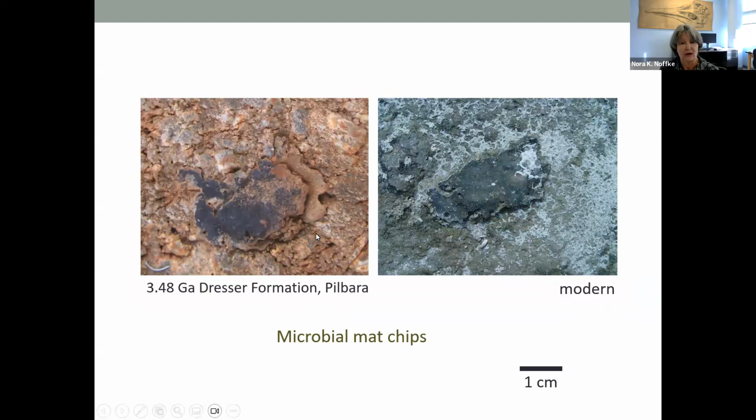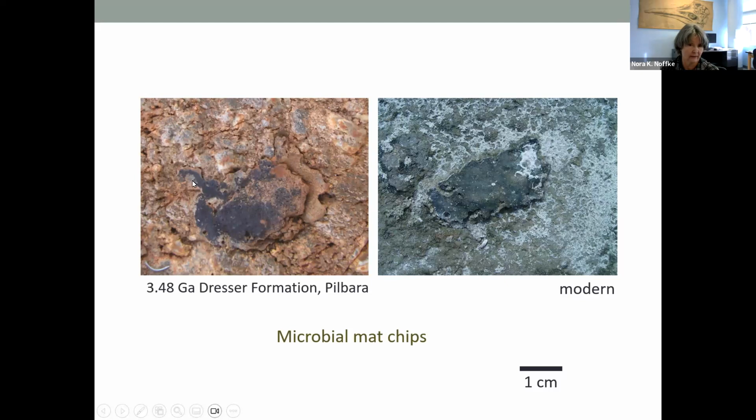Microbial mat chips are fragments of microbial mat. This is a modern example here. Very typical are those embayments and lobes of those mat chips. So those chips have a different morphology than mud chips, M-U-D, mud chips. So this is a microbial mat chip here. This is a beautiful example preserved in the Dresser Formation, where we even can see different layers of microbial mat.